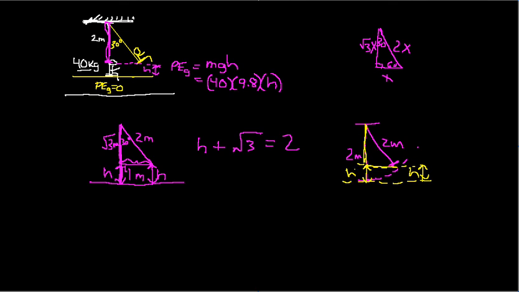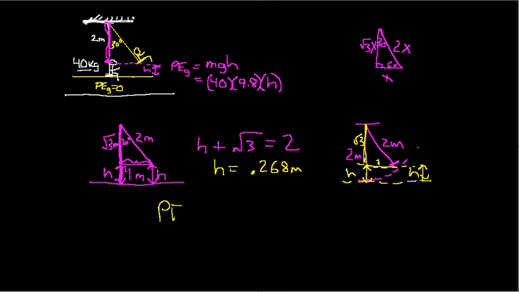I hope you see that. So we got 2 here, this piece here was 1, and this piece here was root 3. So root 3 plus h has to equal 2. So height is 2 minus root 3, which comes out to 0.268 meters. That's how high it was.